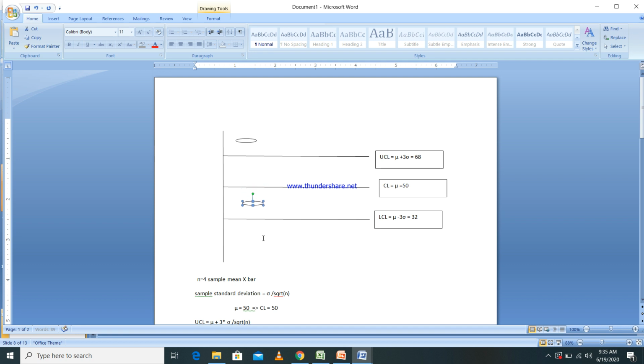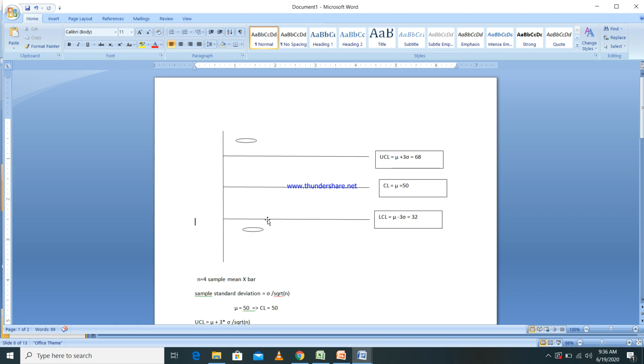One circle is beyond the upper control limit and the other circle is below the lower control limit. So if you can find values which are above the upper control limit or below the lower control limit, that means your process is not in control.